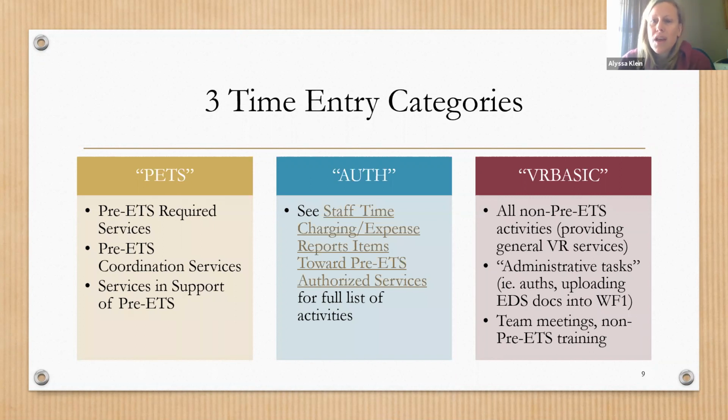It also includes administrative tasks, which RSA defines as preparing authorizations, uploading EDS documents into Workforce One, things that oftentimes our support staff are doing. Also, team meetings and any non-pre-ETS training would be coded to VR Basic as well.